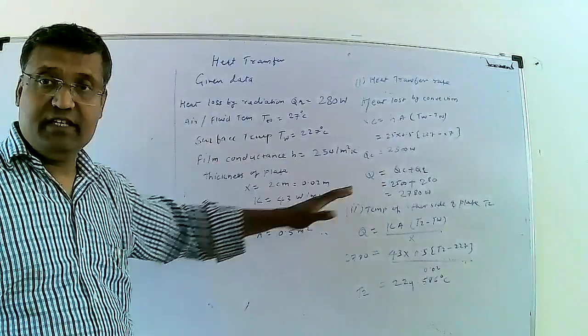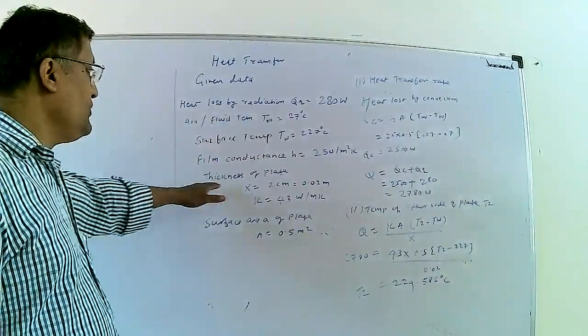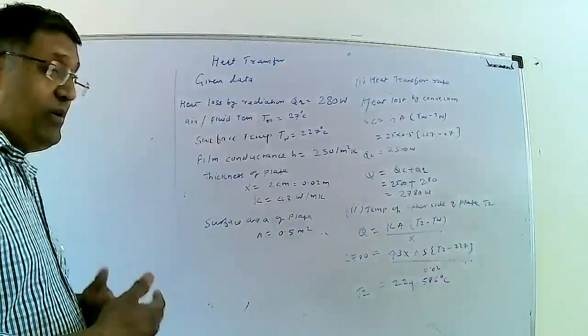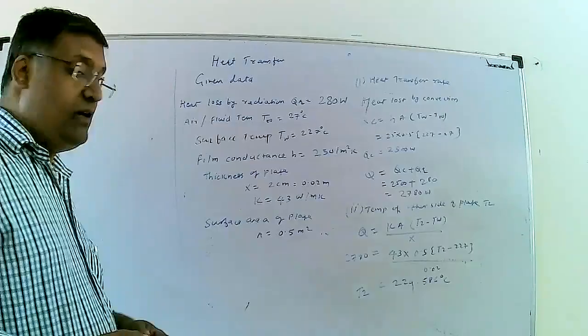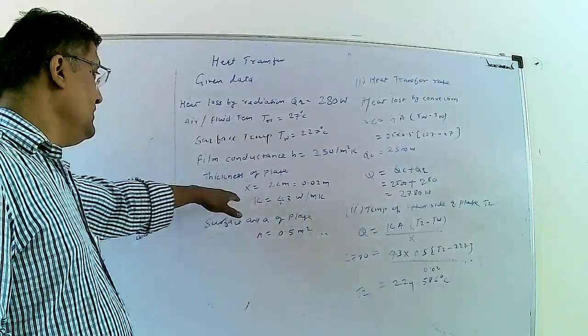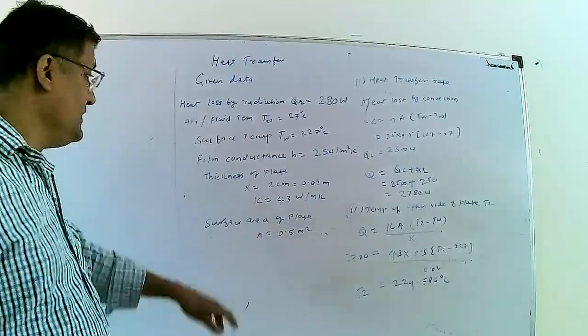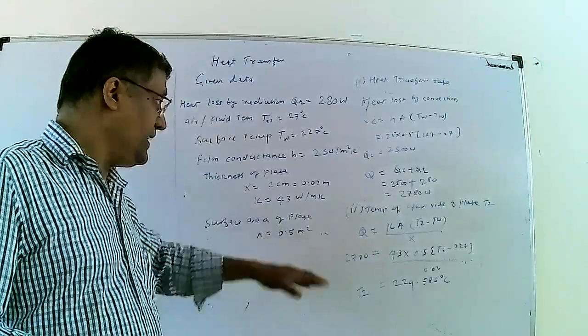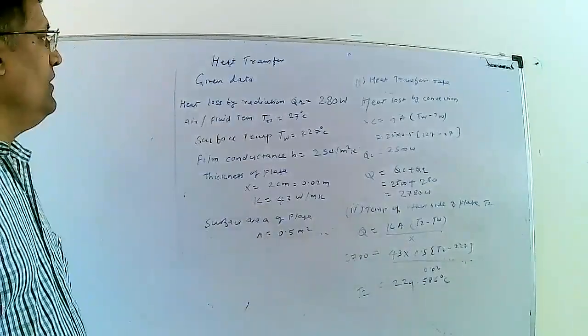Film conductance H is given. The thickness of plate X is given 2 cm. Then convert into meter: 1 meter is equal to 100 cm, so X is equal to 0.02 meter. Thermal conductivity of material is given, K, 43 W per meter Kelvin. Surface area of plate A, 0.5 meter square.